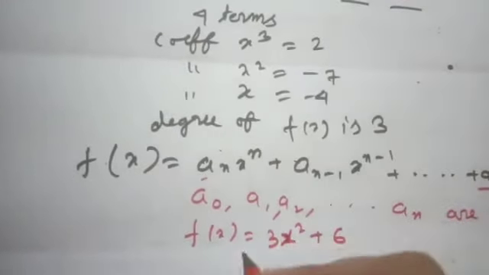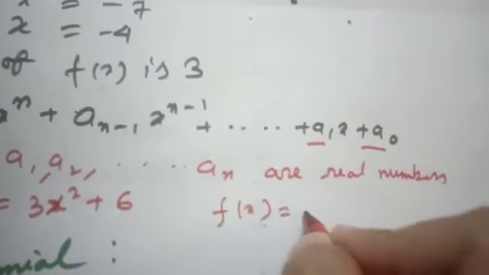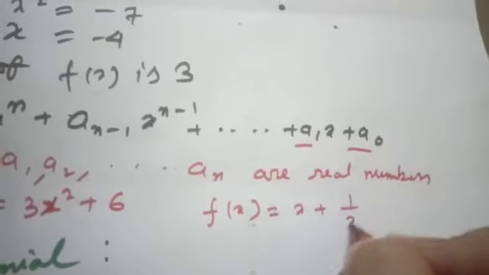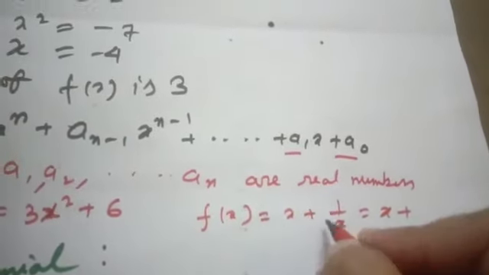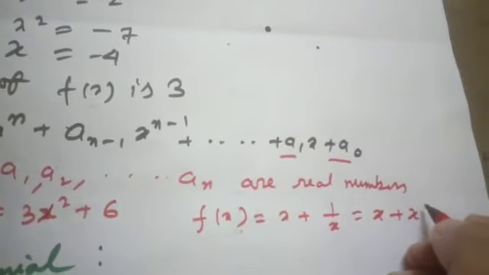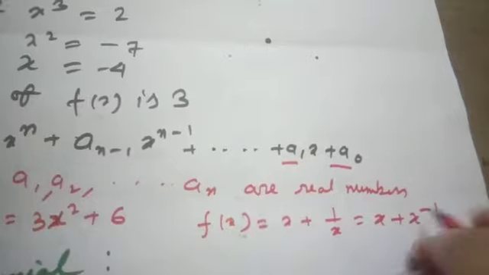Let's see another example. Suppose f(x) equals x plus 1 by x, and 1 by x is x to the power minus 1. Is it a polynomial? What about n?